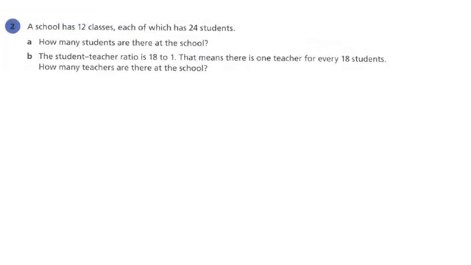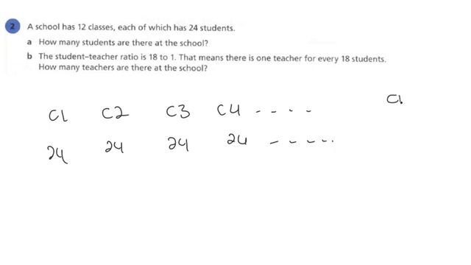A school has 12 classes, each of which has 24 students. So we've got class 1, class 2, class 3, class 4, etc., and we've got 24 students in each. This is going to go up to class 12. How many students are there at the school?